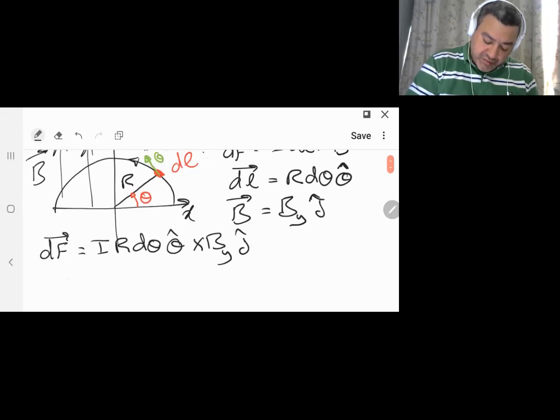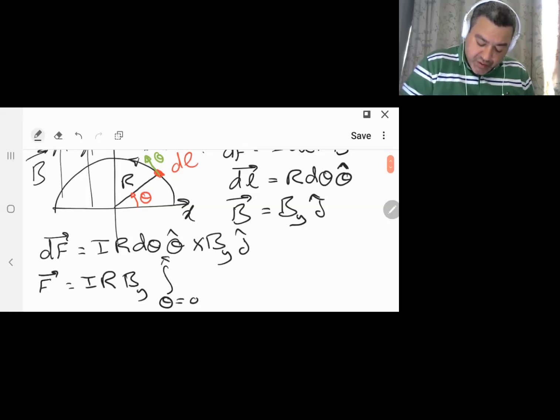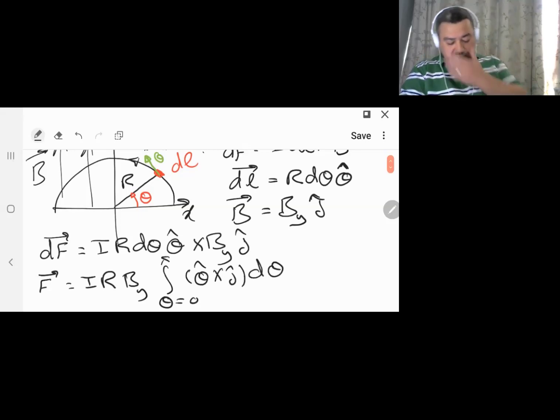Now I need to integrate, from theta equals 0 to pi. I will take out all the constants: I is constant, r is constant, B_y is constant. I have the integration from 0 to pi of theta hat cross j hat d theta.